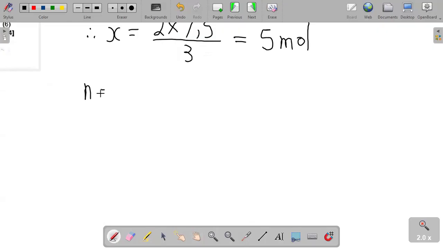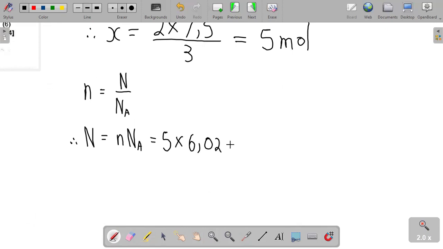N equals to n times A, and then the n is going to be 5, and A is going to be 6.02 multiplied by 10 to the power of 23.